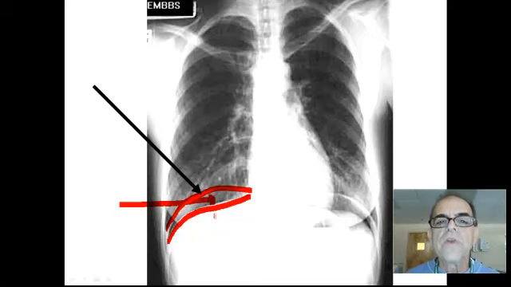This is not normal. It's not normal to have air in the peritoneal cavity. In the peritoneal cavity, normally only a little quantity of fluid. What produces this pathology? Sometimes trauma, sometimes perforation of gastric ulcers.